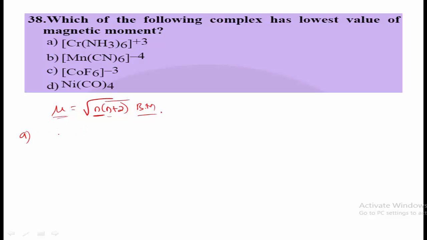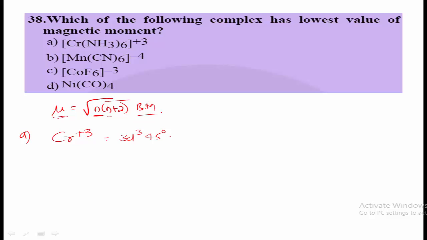So see option A, Cr. What is the oxidation state of Cr in option A? The overall charge is plus 3. Therefore, the oxidation state of Cr is plus 3, because NH3 has 0 oxidation state. Now calculate the number of unpaired electrons. Before that, write the electronic configuration.